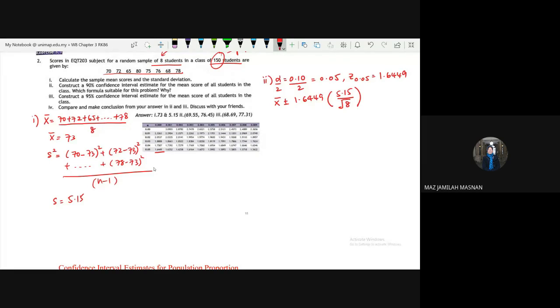What did I do wrong here, class? Can someone tell me what mistake I made here? Anyone?